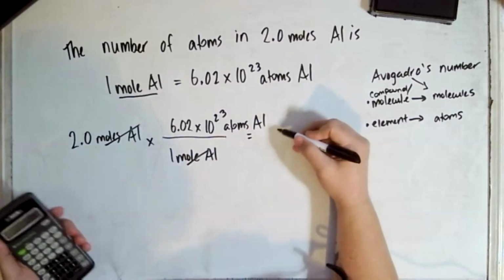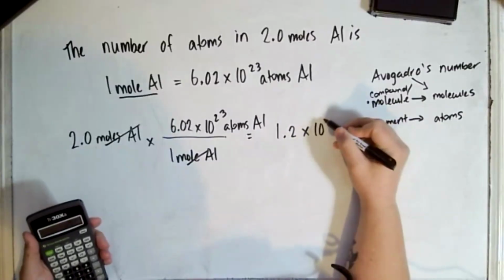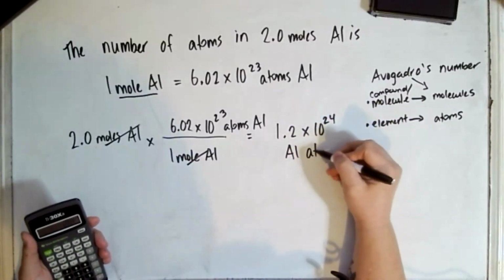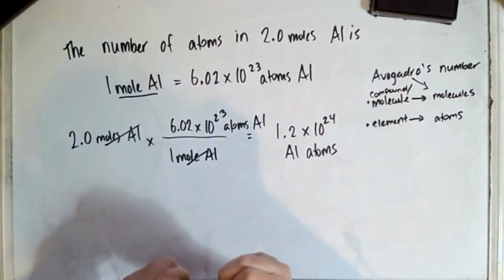And we're going to end up with 1.2 times 10 to the 24 aluminum atoms in that sample.